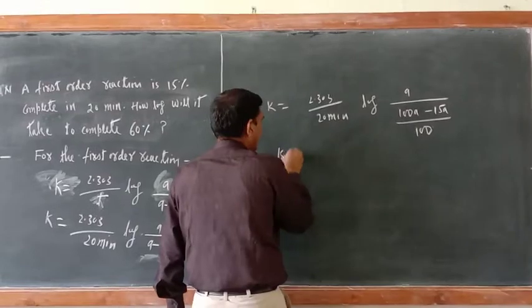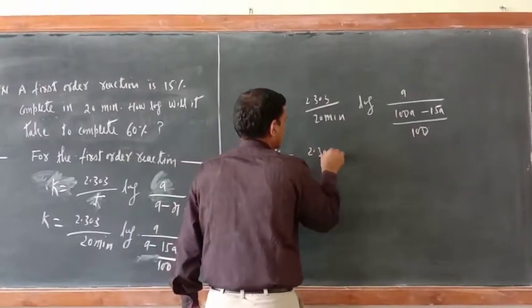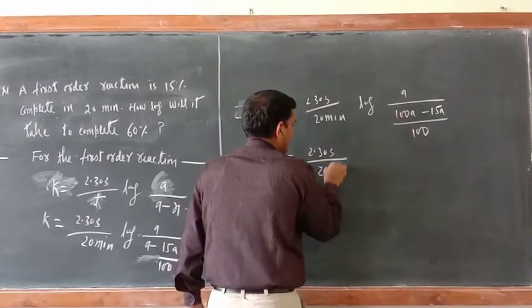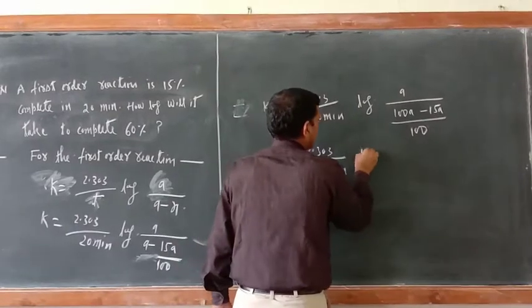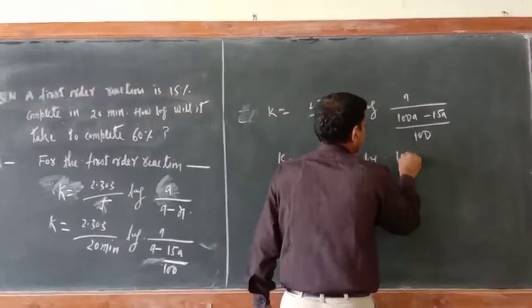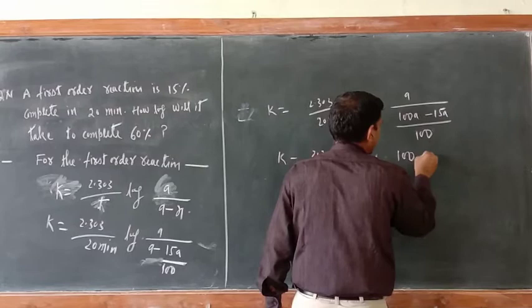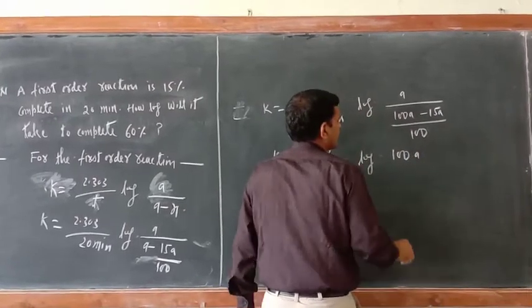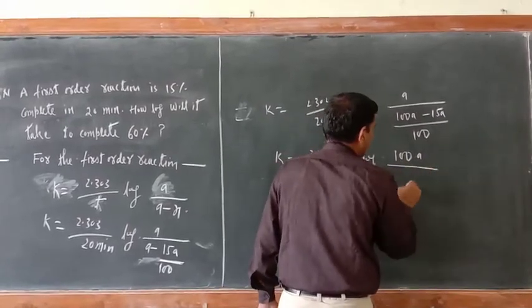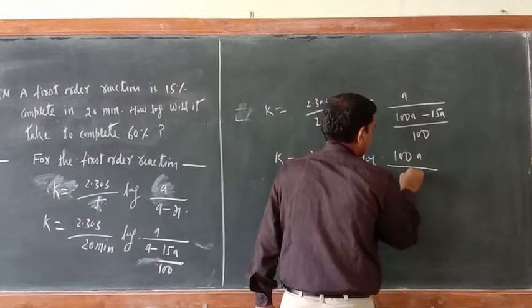So K equal to 2.303 divided by 20 minutes, here log, and here 100a divided by 85a.